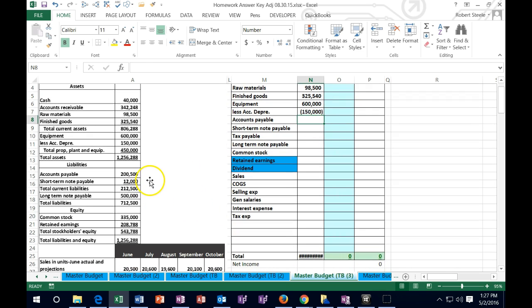We are on the liabilities, so these are going to be credits, so I'm going to represent it as a negative 205 for accounts payable, and then we have a negative 12 short-term liability, and if I add those two up, it adds up to 212.5. So that's the 212.5 subtotal.